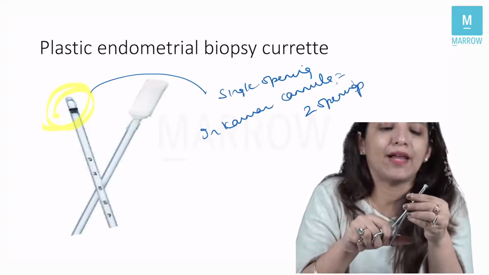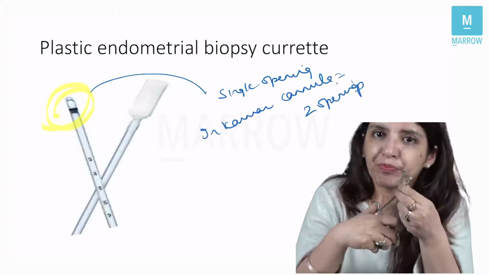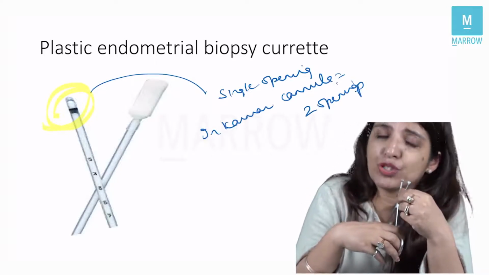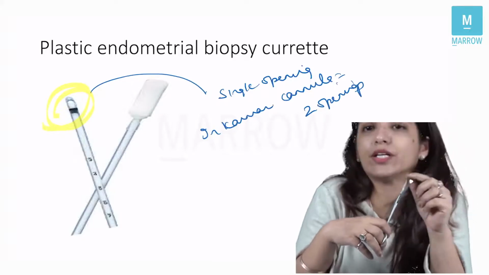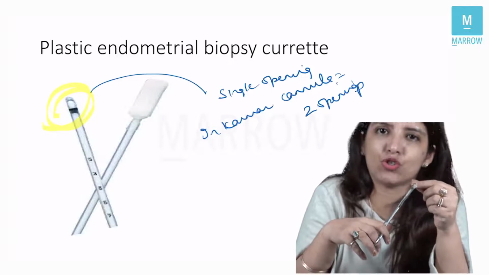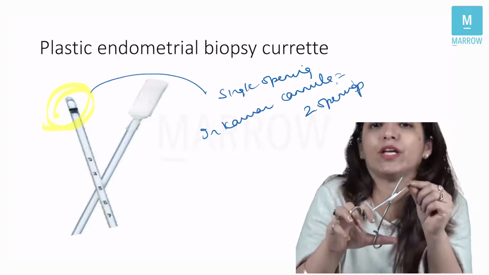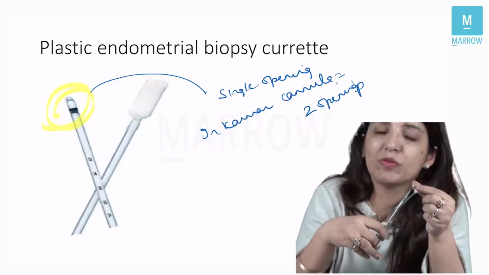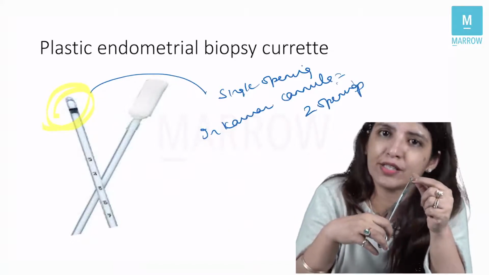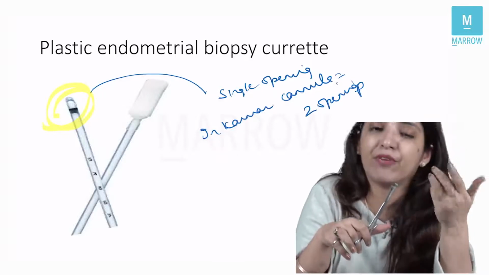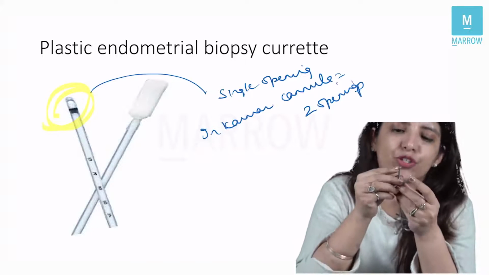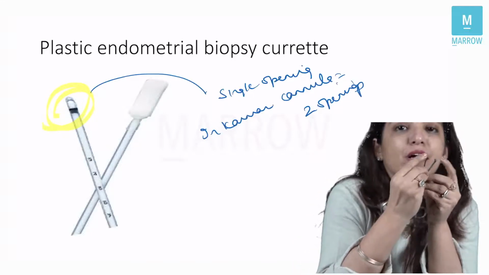Now open the Alice forceps and then see the tip. This is especially for the undergraduate students. Final year students, whenever you get an instrument, please do not be in haste to answer what the instrument is. Look at the instrument very, very carefully, examine the instrument and then give your answer, because the examiner is definitely going to ask you the identifying features. If you look at the tip of the Alice forceps, it is curved inwards.